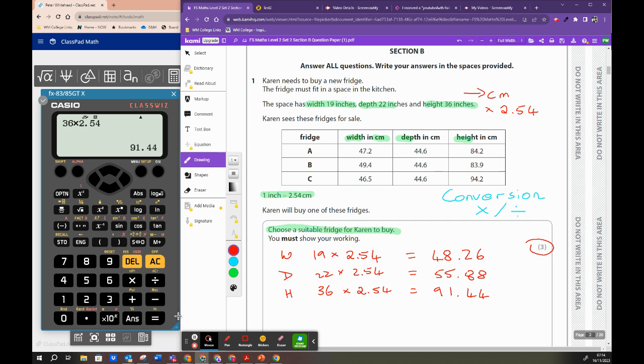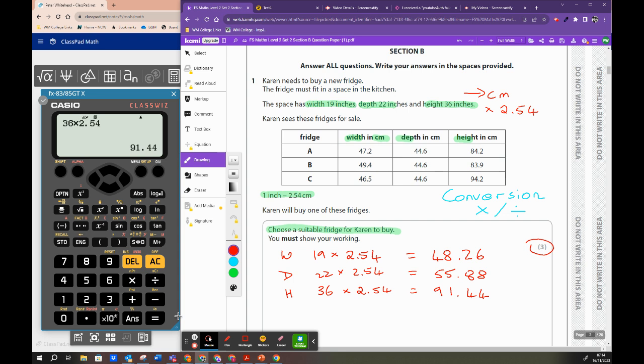So there we have our 3 values. So these are the gaps. So my fridge cannot be bigger than these. Okay, so the width of my gap is 48.26. So anything that is narrower than that will be okay. Anything that's wider than that is not going to be okay.